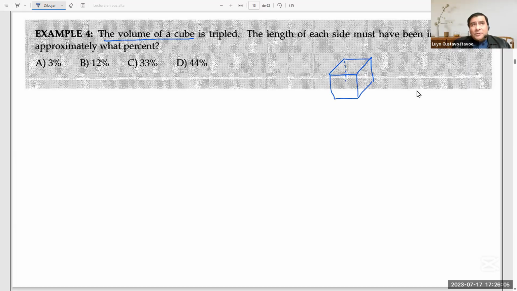We always represent cubes like this. A cube has a common edge, the length of this border, which is called the edge. All edges of the cube are the same. Let's say that the size of this edge is S.